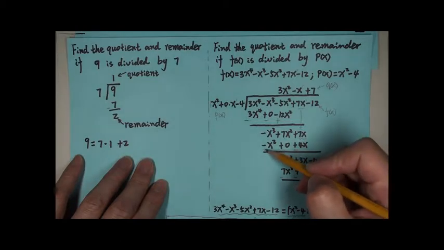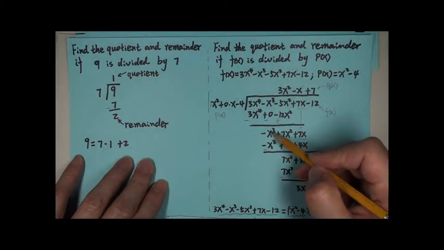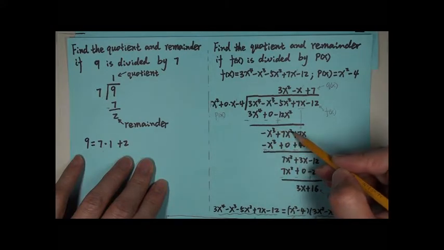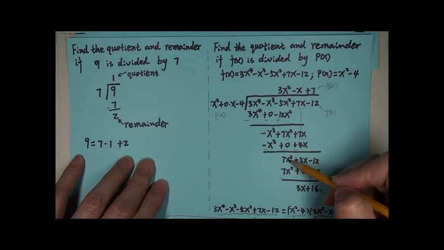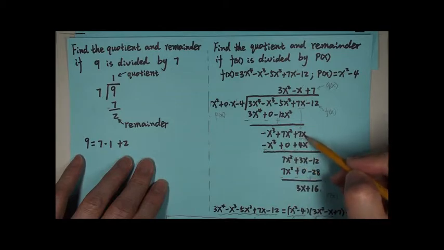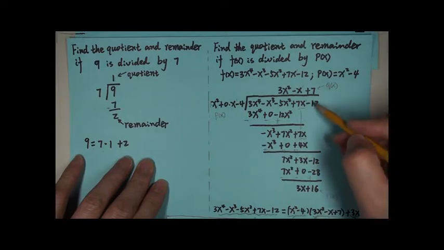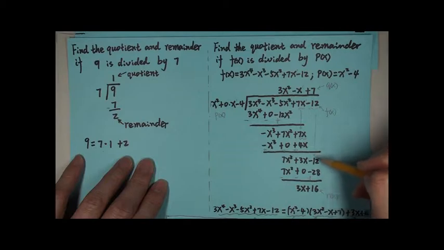Again, positive x cubed and negative x cubed cancel each other. 7x squared plus 0 is 7x squared. Positive 7x and negative 4x together is 3x. Take negative 12 down right here.